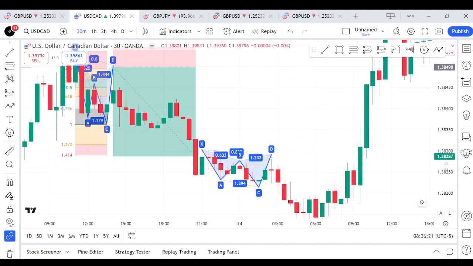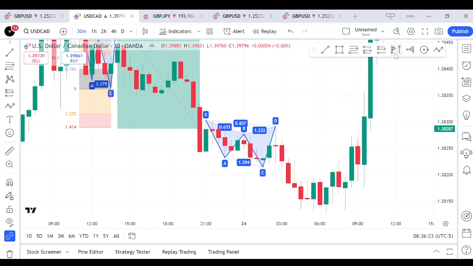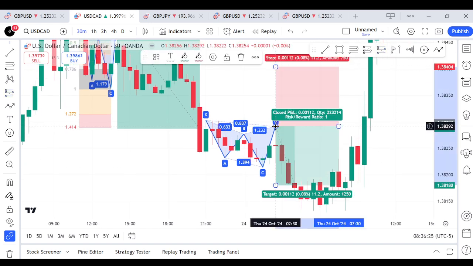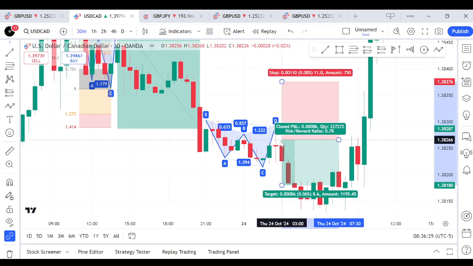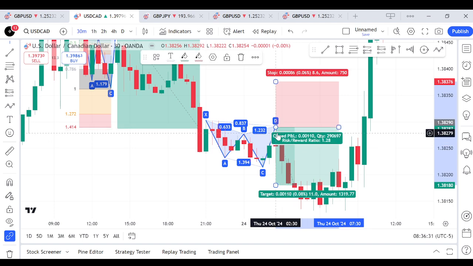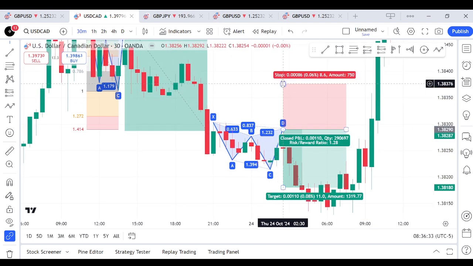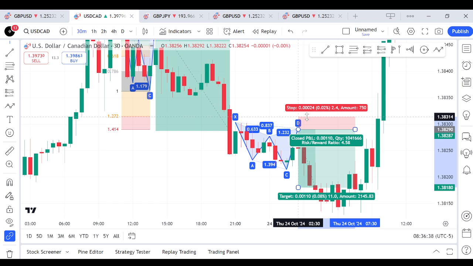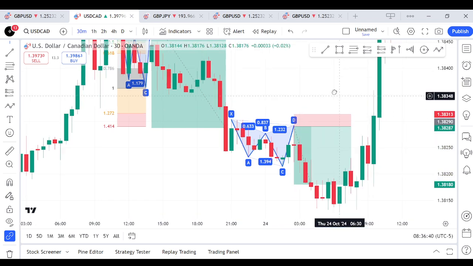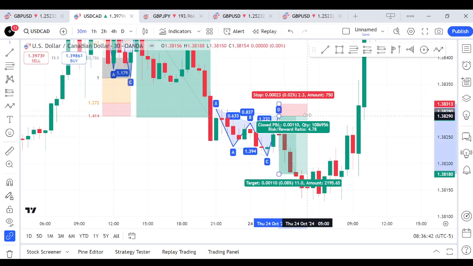bearish cipher pattern here, and like we discussed, your entry could be here at that point D, or you could wait for confirmations. You could use confirmations like the RSI or the moving averages to verify your setups before entry, to be sure of your trades and not just enter blindly.